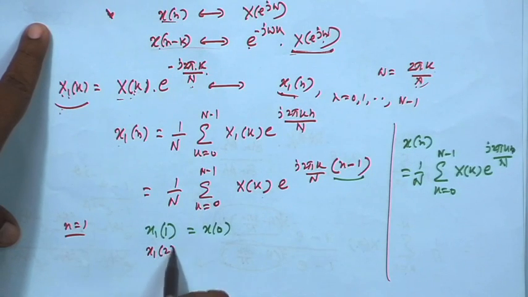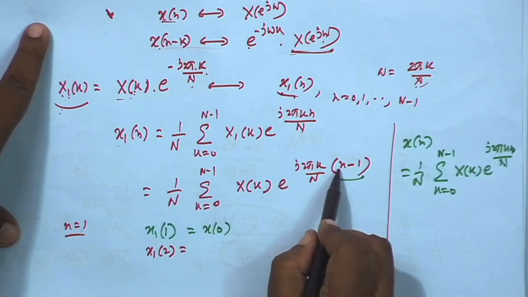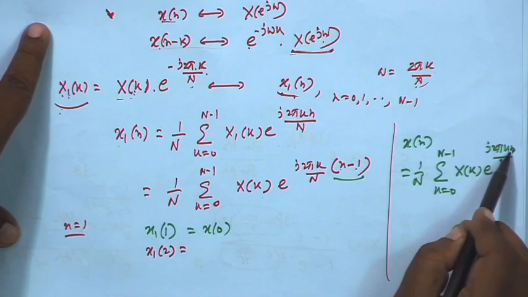Then take x 1 2, n equal to 2. If n equal to 2, it is 2 minus 1, 1, that is 1 here.